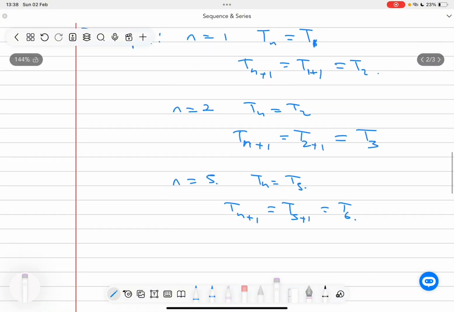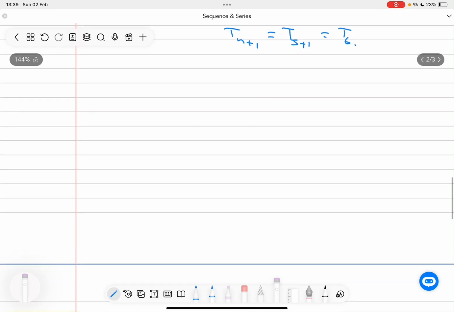There are two types of sequences that we're going to study in grade 12. The first one is called an infinite sequence.